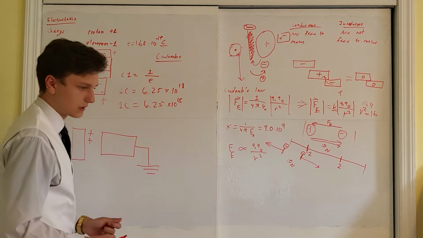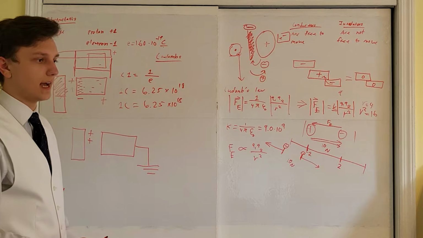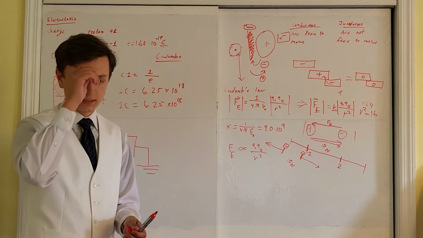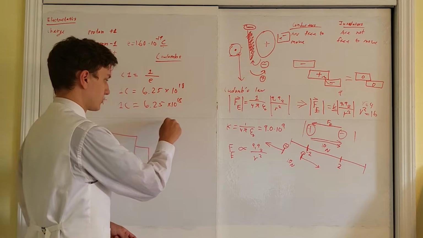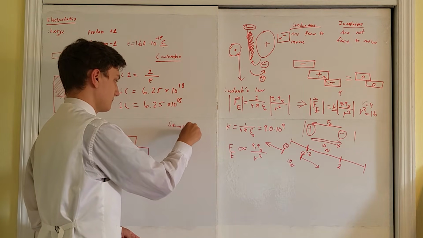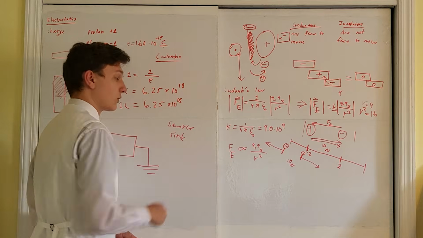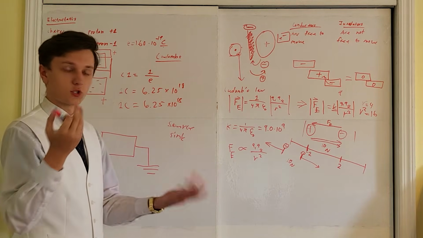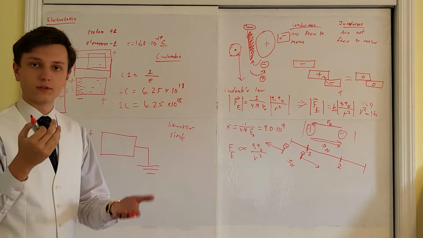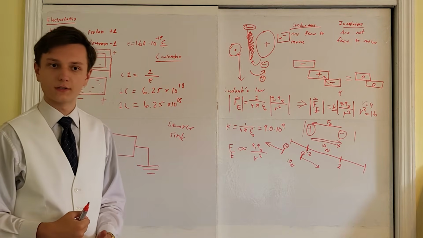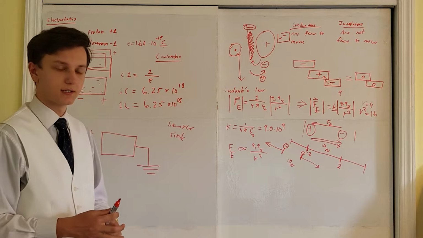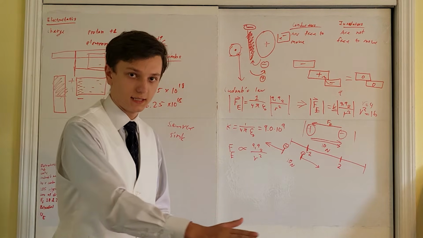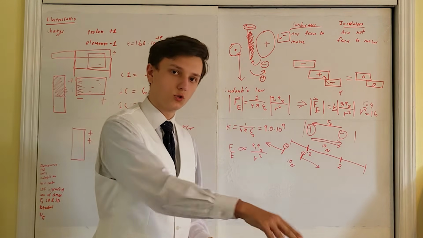Ground in this class is going to be defined as a place that is an infinite source and sink of electrons. What do those two words mean? An infinite source of electrons, I think that's pretty intuitive. You can pull as many electrons as you want from ground. An infinite sink of electrons means you can donate as many electrons as you want to ground.